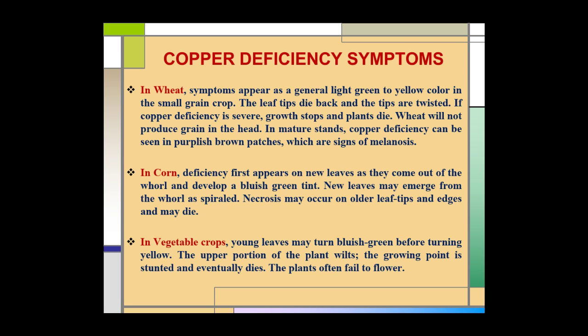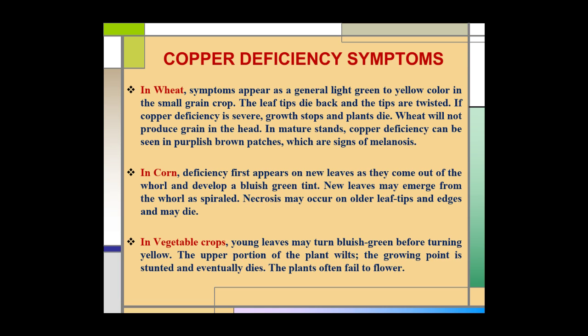In corn, deficiency first appears on new leaves as they come out of the whorl and develop a bluish green tint. New leaves may emerge from the whorl as spiraled. Necrosis may occur on the older leaf tip and edges may die.